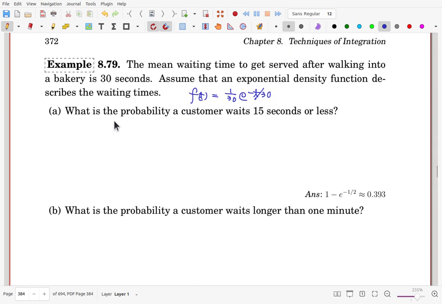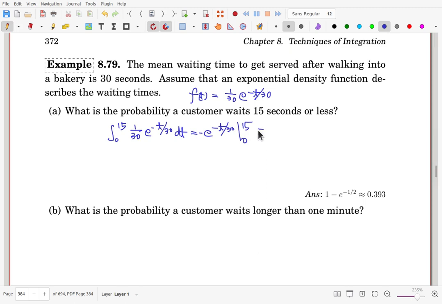What is the probability a customer waits 15 seconds or less? Now the probability is from 0 to 15, the upper bound is 15, of f of t, 1 over 30 e to the minus t over 30 dt. The antiderivative is minus e to the minus t over 30, and we are evaluating from 0 to 15.